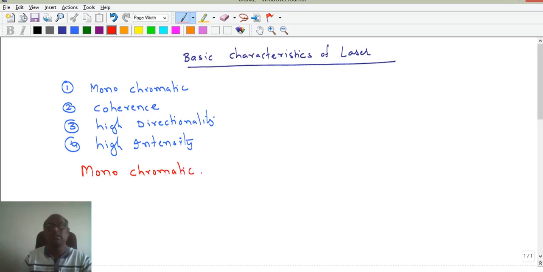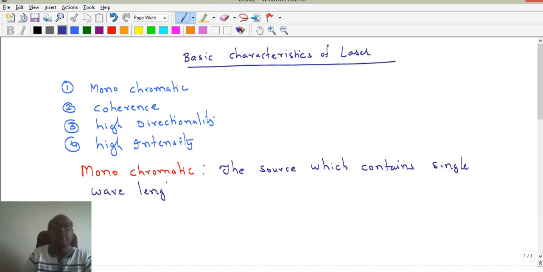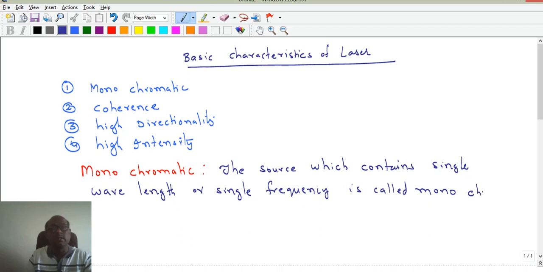Single. Chroma means color. So that's the definition we can give for monochromatic nature: the source which contains a single wavelength or frequency is called a monochromatic source.